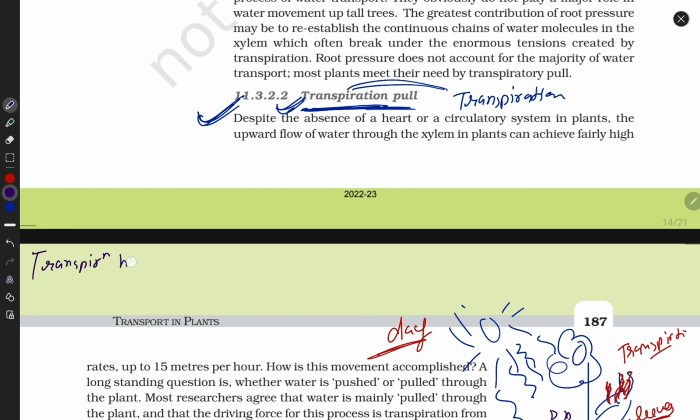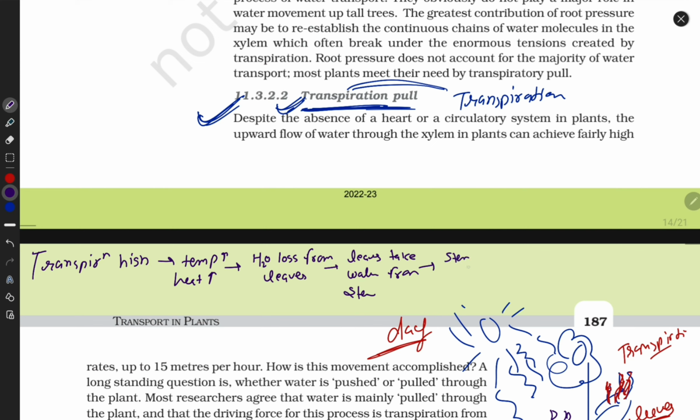Transpiration high, temperature high, heat high. Then water is lost from leaves. Leaves take water from the stem. Now the stem becomes needy for water.